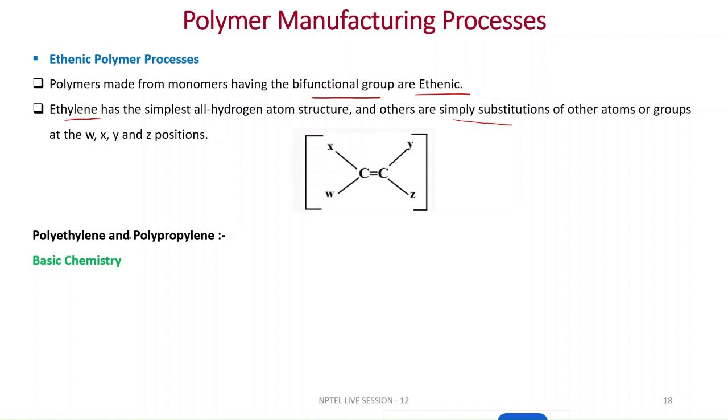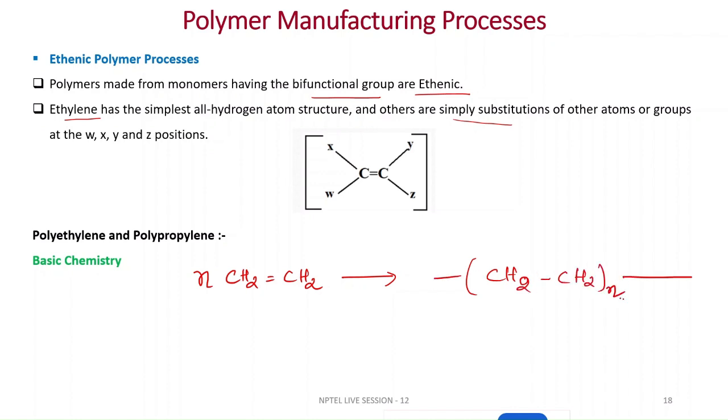It includes polyethylene and polypropylene. So what is the basic chemistry for formation of this? n number of these ethylene groups will react by simple addition reaction, and n number of it goes on.